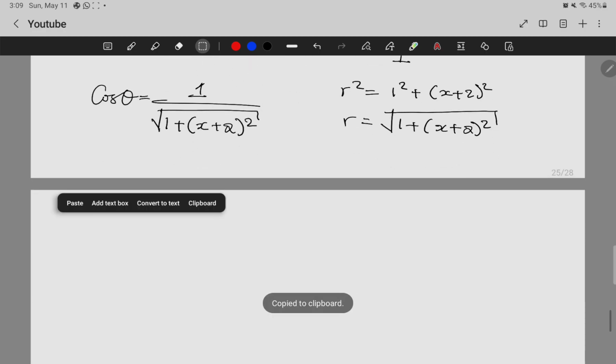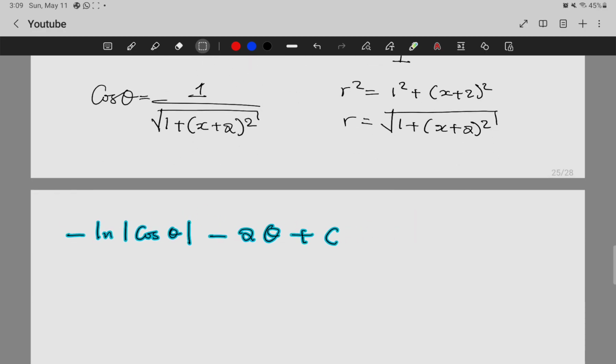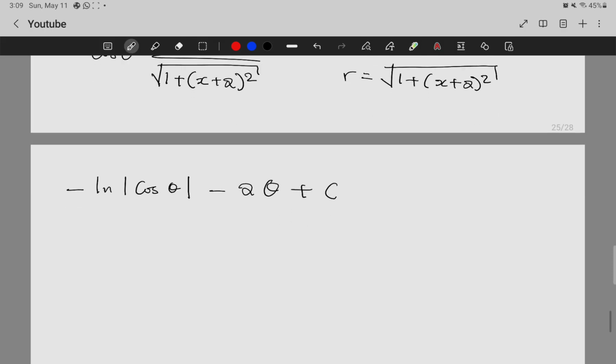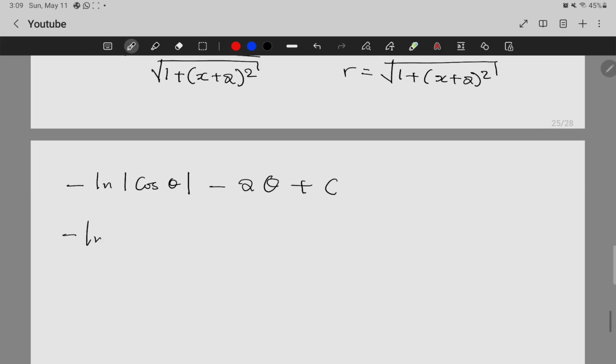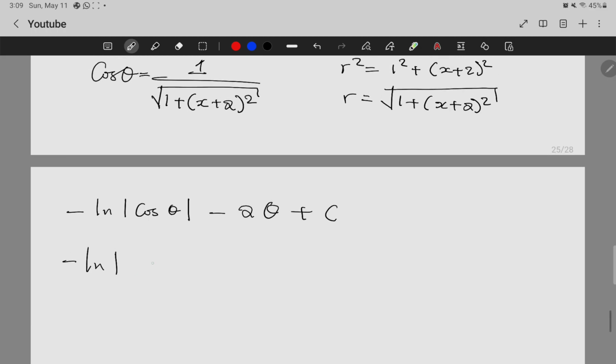So this becomes negative ln cos theta. Where we have cos theta, we're going to put 1 over root of 1 plus, open bracket, x plus 2 squared.